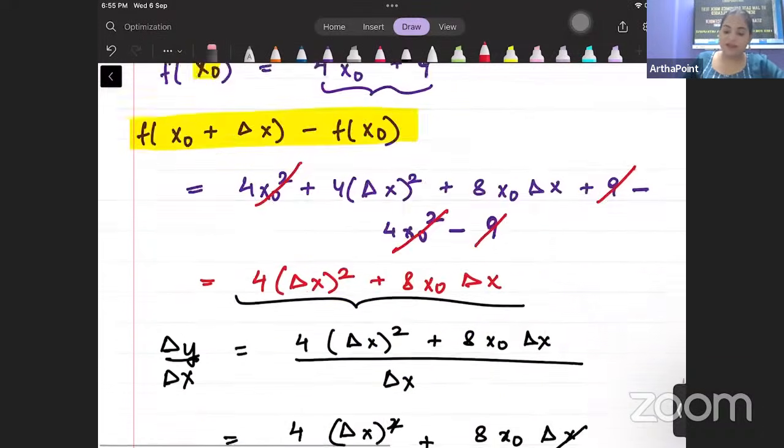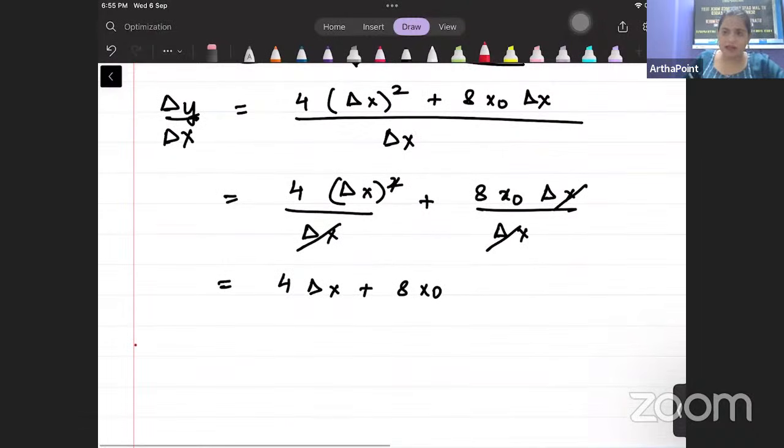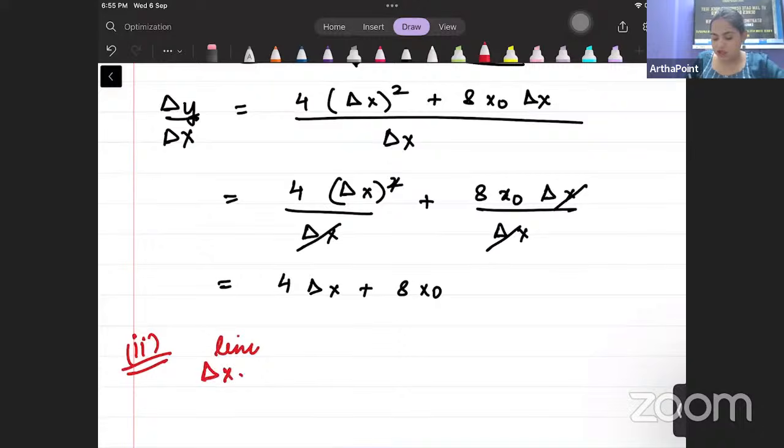The next part says find the derivative. What did I say? What do you have to do in a derivative? In the second part, you just have to put the limit as change in x tends to 0. So instead of this, just plug in 0. What will you get? 4 into 0 plus 8 x naught.